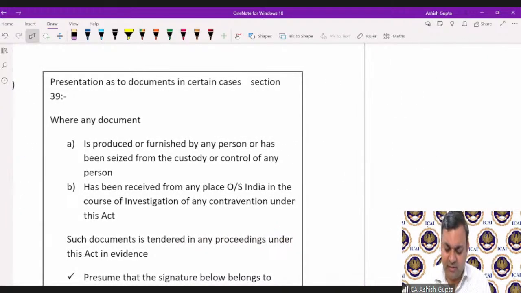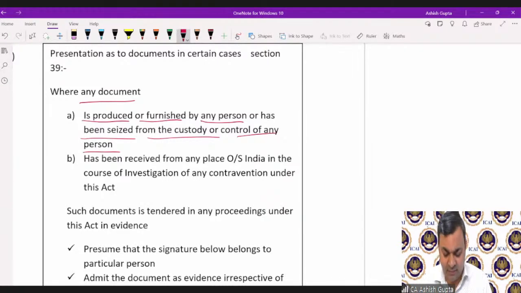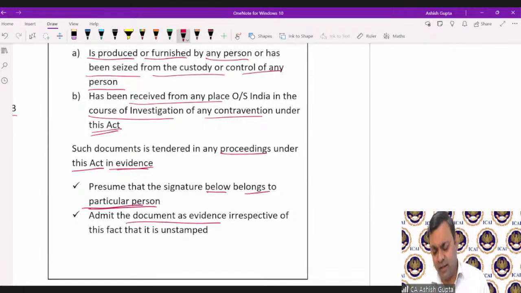Presumption as to documents in certain cases, section 39. Where any document is produced or furnished by any person, or has been seized from the custody or control of any person, or has been received from any place outside India in the course of investigation of any contravention under this Act, and such a document is tendered in any proceeding under this Act as evidence, presume that the signature belongs to the particular person and admit the document as evidence, irrespective of the fact that it is unstamped.